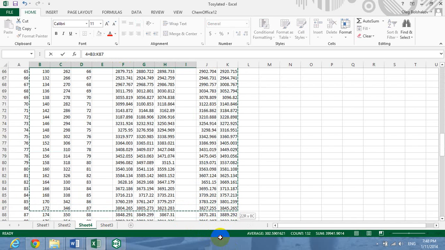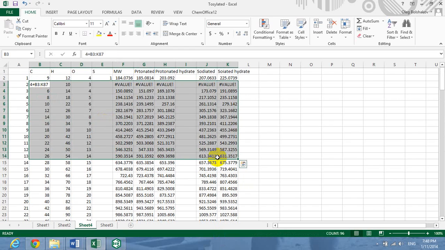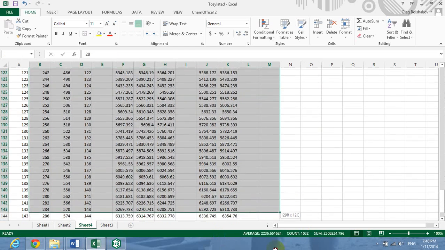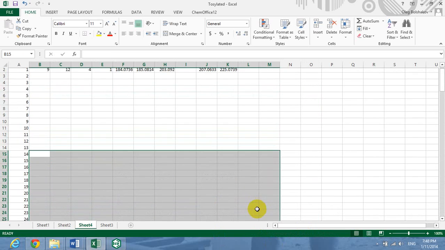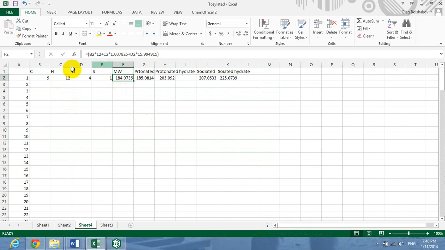For our convenience, I am planning to delete everything that is below previously calculated data. We're gonna make a few adjustments to the calculation of the molecular weights equation.